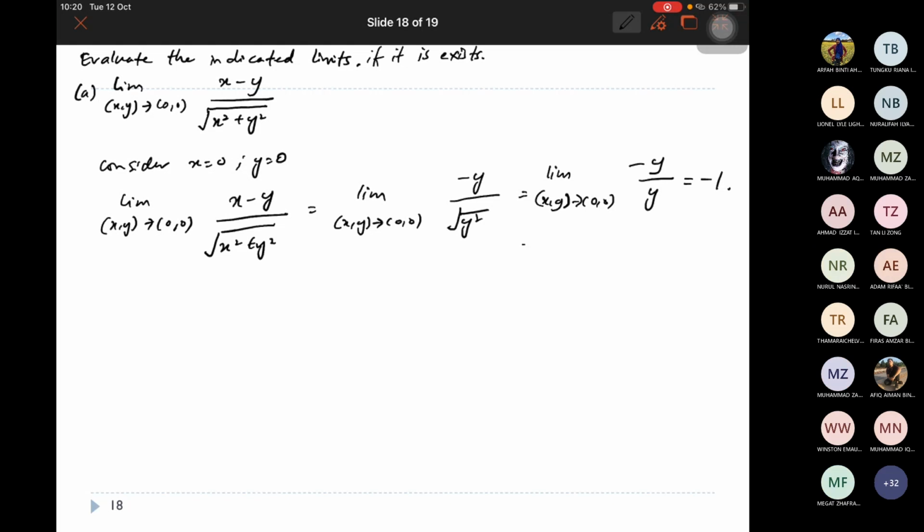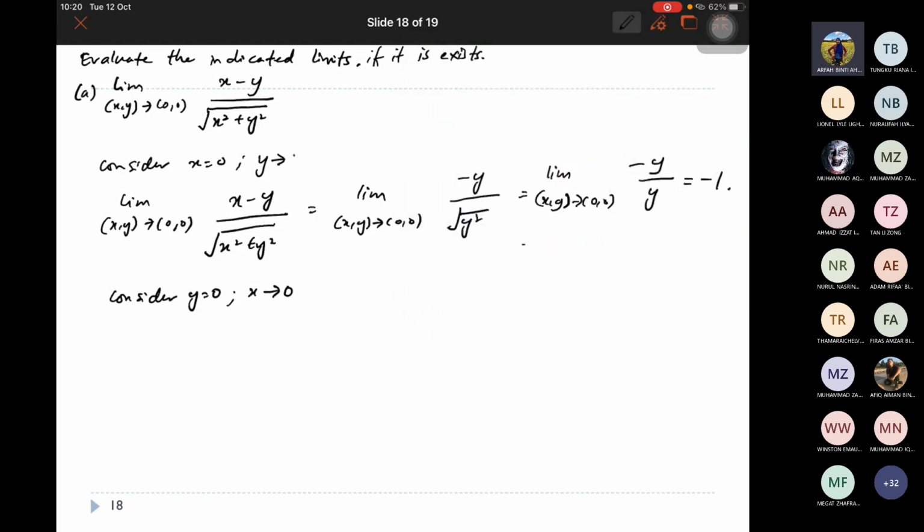Okay. Tapi yang turn on dia punya kamera tu. So daripada sini, the next one, consider Y equal to 0, X approaches 0. Okay. Y approach 0. Ini bukan Y sama kosong. Y is the one that approaches 0.